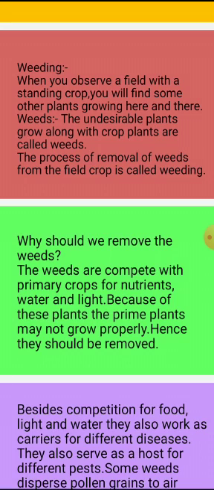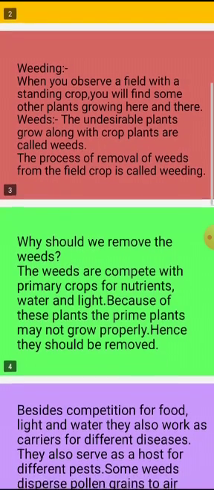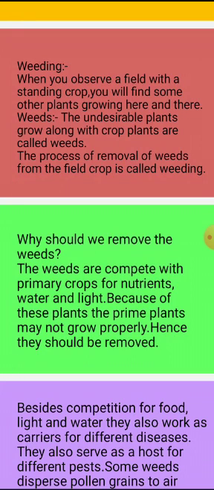Okay, here what are weeds? Why should the farmers remove the weeds from the crop fields? When you observe a field with a standing crop, you will find some other plants growing here and there.